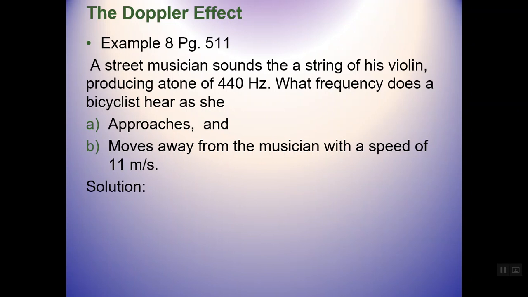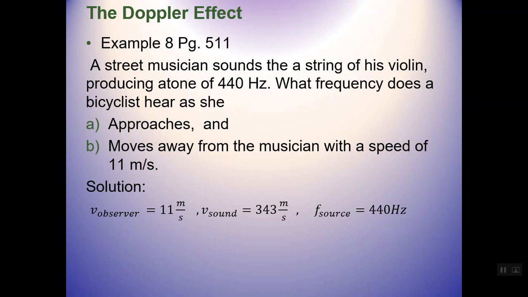In this example, the velocity of the observer is equal to 11 meters per second. The velocity of sound is equal to 343 meters per second. The frequency of the source is equal to 440 Hertz. And we need to calculate the frequency at the observer.